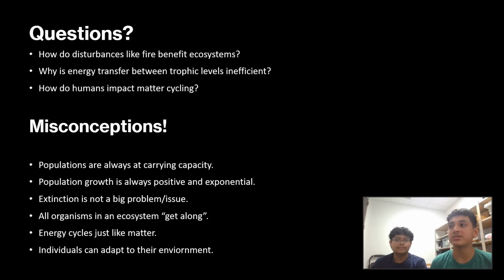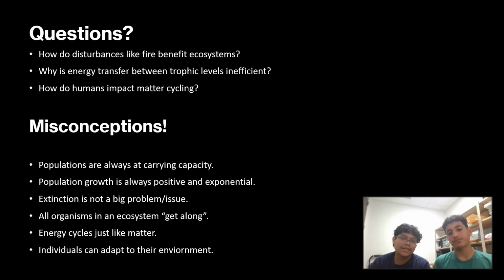Well, only 10% gets passed on to the next trophic level, and the higher the trophic level gets, the smaller the population, since there's not enough energy to sustain large populations. How do humans impact matter cycling? Well, we add a lot of carbon to the atmosphere with burning of fossil fuels, deforestation, and etc.